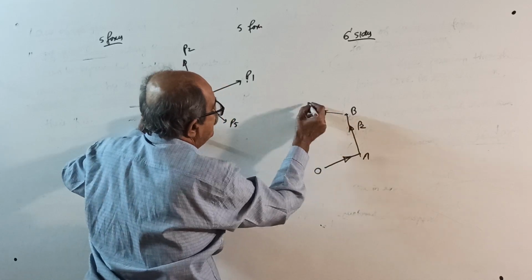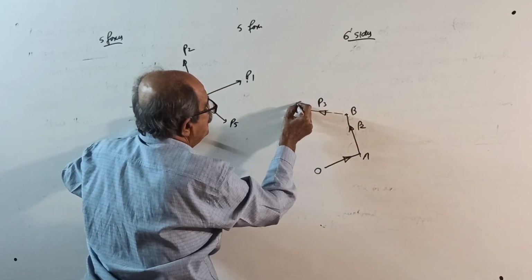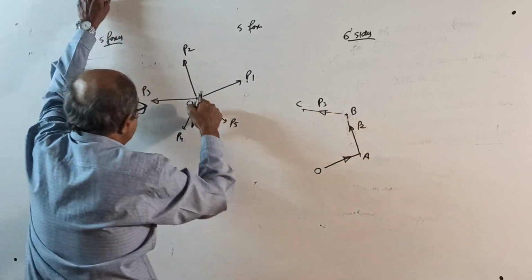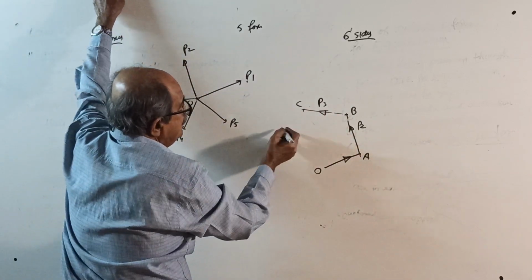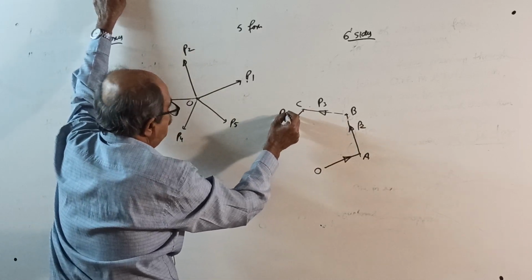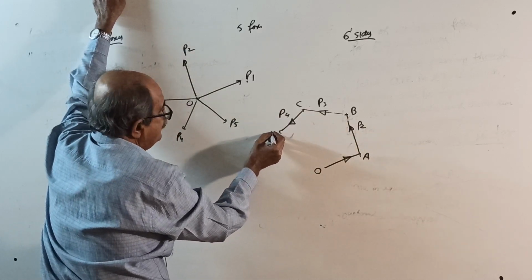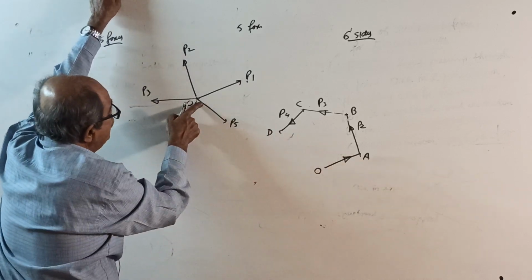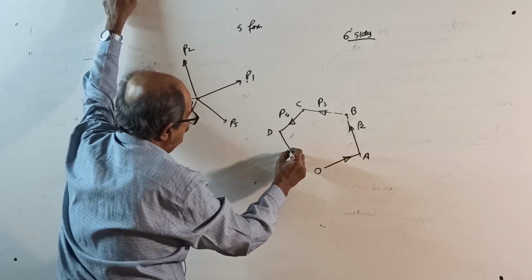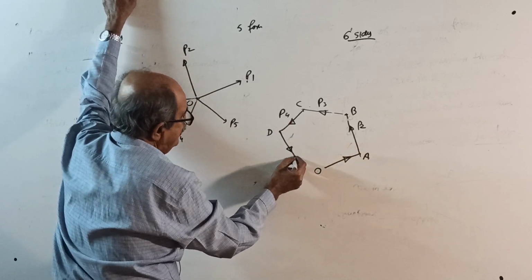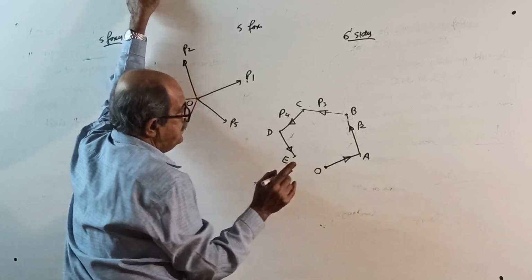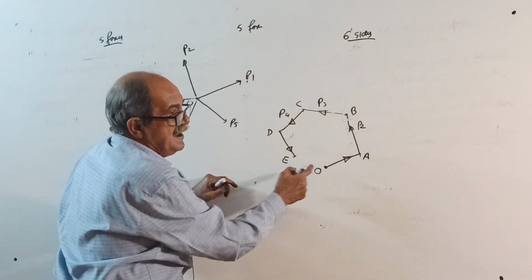Represent P4 by CD. Represent P5 by this way, by DE. Now see correctly, one side is still pending.